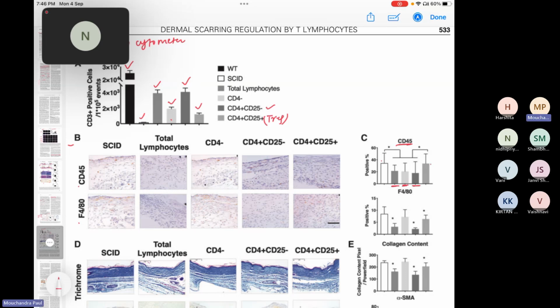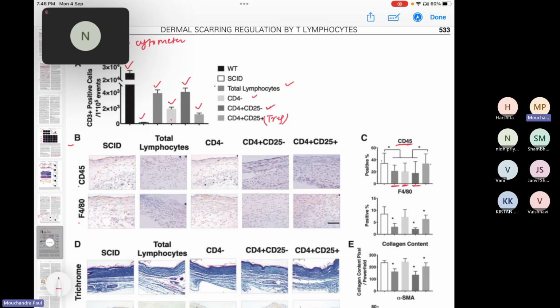So this shows that the presence of these three types of lymphocytes is basically reducing the migration of leukocytes at the wound area, which is why the inflammation mediated by these leukocytes is also less.